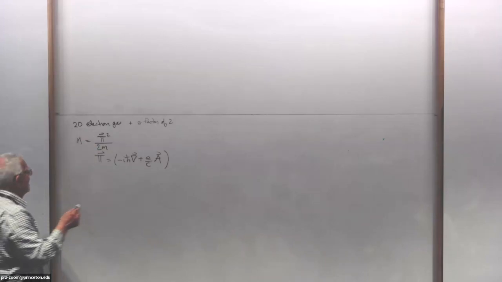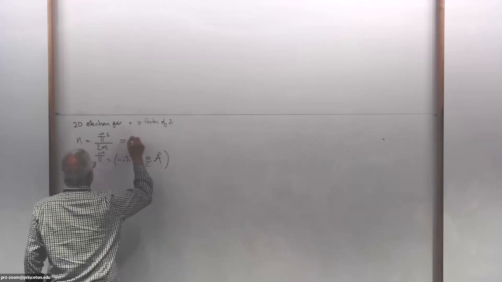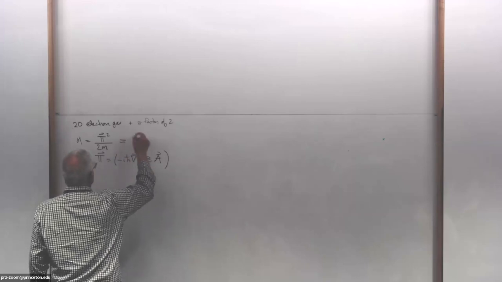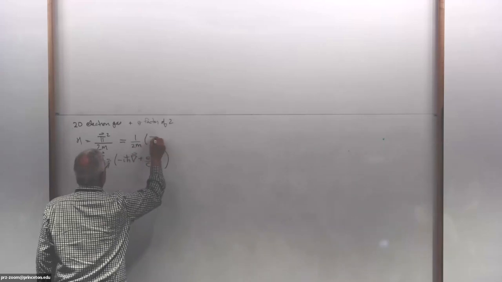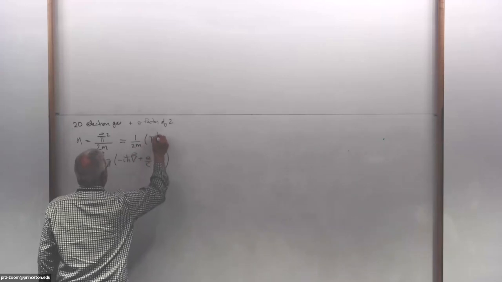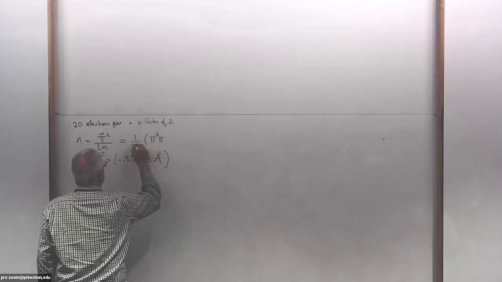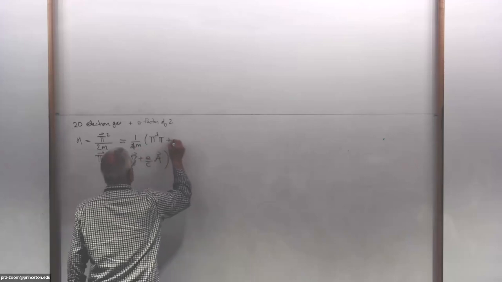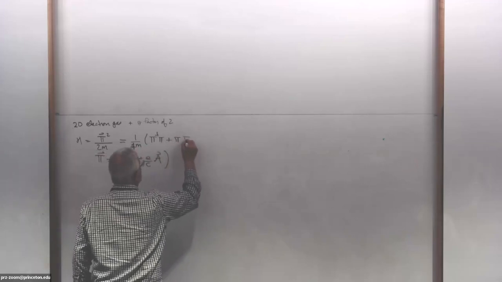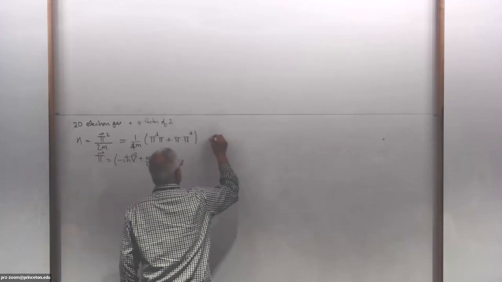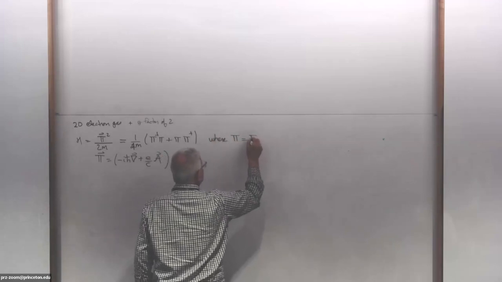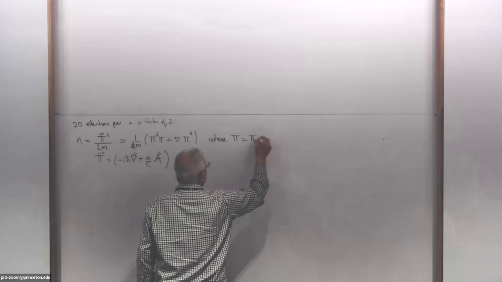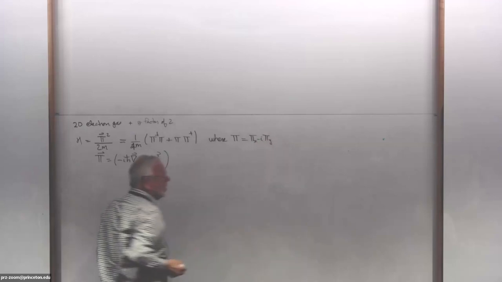Okay, and so what we do to solve this problem, as you probably remember, is we define raising and lowering operators. So pi, without a subscript, is pi x minus i pi y.